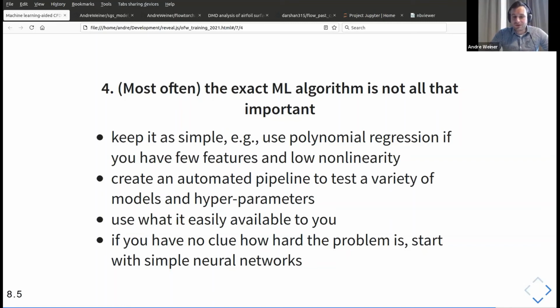And instead of being too fixated on one particular model or class of models, just use scikit-learn or a similar library, create a pipeline that tests a bunch of different models and the corresponding hyperparameters for you, and then you just pick the best model.